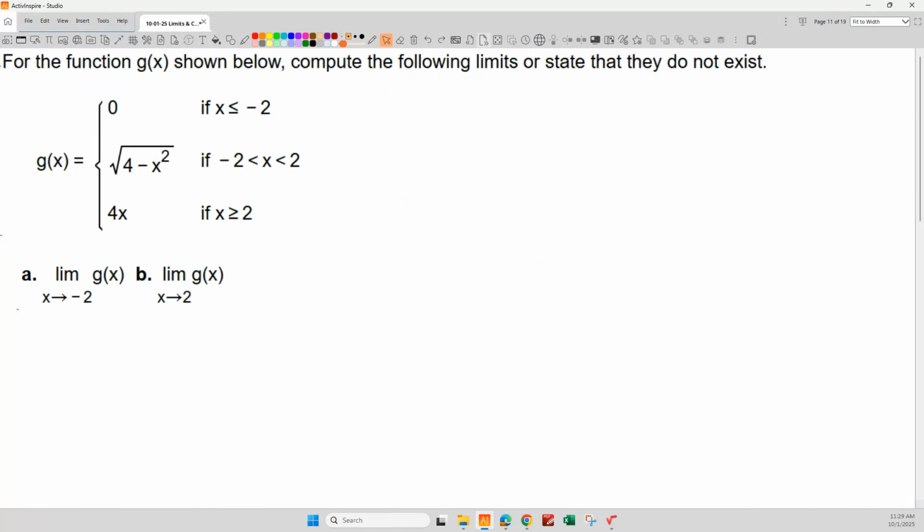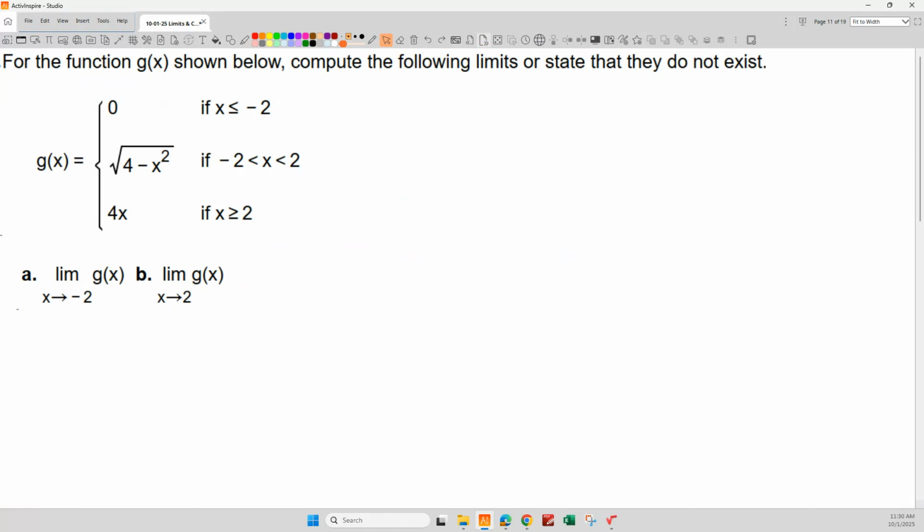Okay, there's the function g of x, piecewise function. They want us to compute the following limits or state that they don't exist. So what about the limit as x approaches -2? What would I do? Right, because it's a piecewise function. Remember, for the limit to exist, the one-sided limits have to exist and agree.